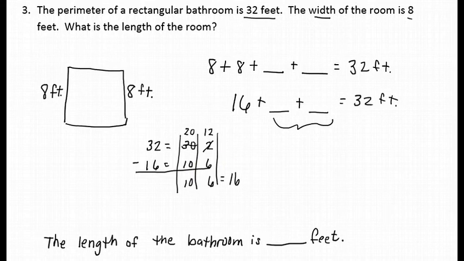Combine those, and I see that these two numbers also need to have a sum of 16, because 16 and 16 is 32. Well, if these two numbers need to have a sum of 16, then they must also be 8 feet, which makes sense that if all four sides of the bathroom were 8 feet, then the perimeter would be 32 feet, because 4 times 8 is 32. So the length of the bathroom is 8 feet.